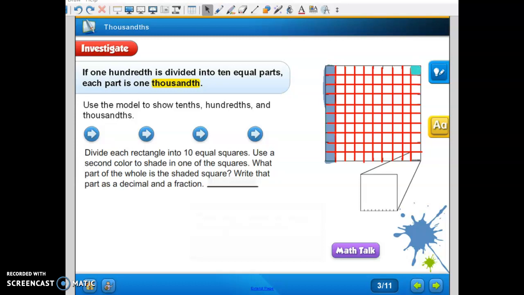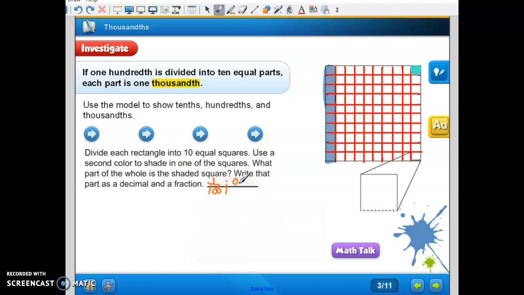Now that we've shaded one of those, let's talk about writing that in numbers. First of all, how many little boxes do we have? We're 10 by 10. What's 10 times 10? 100. And we shaded one of those, so we have 1/100, or no whole number, or decimal.